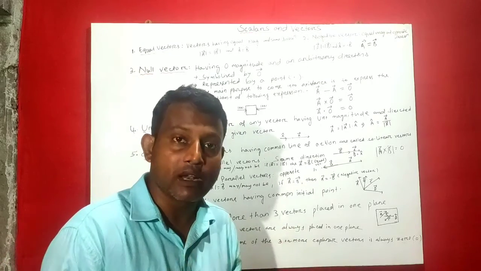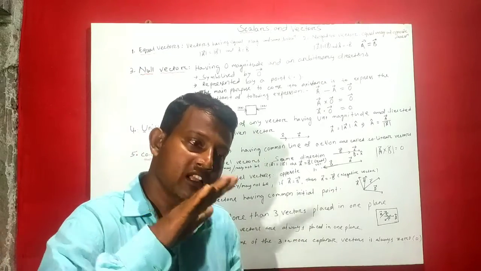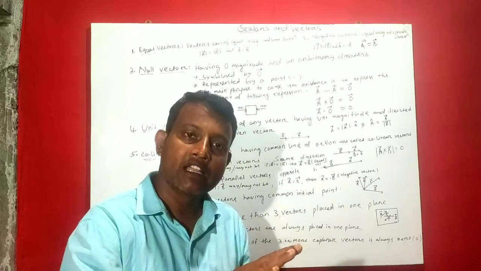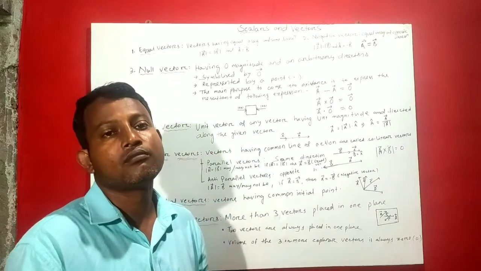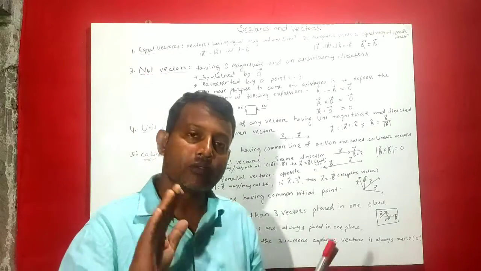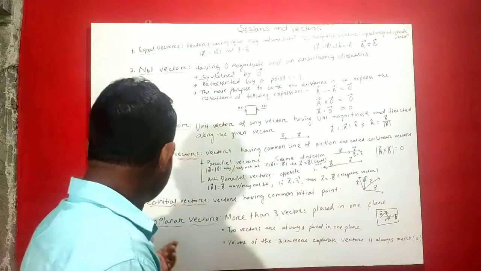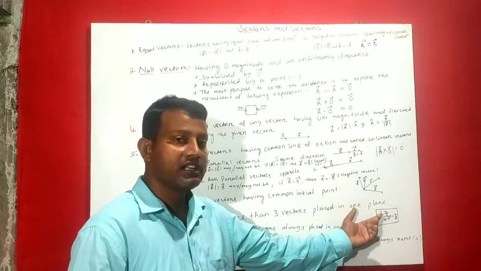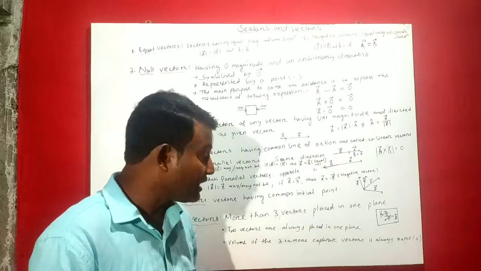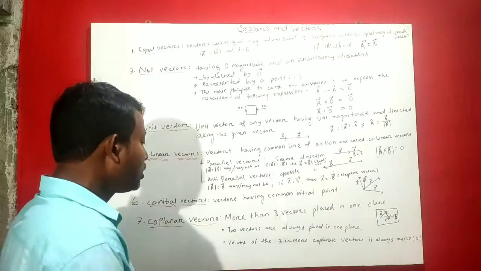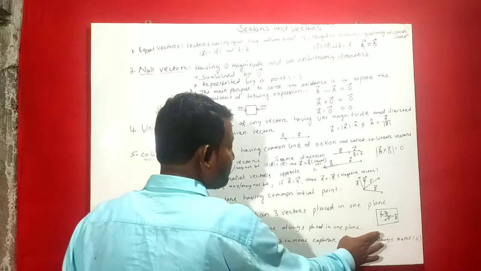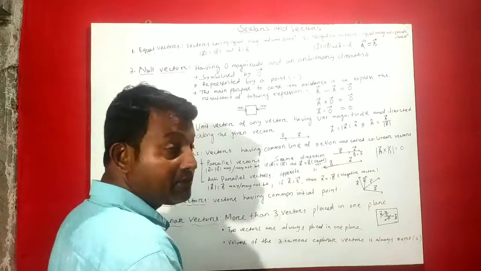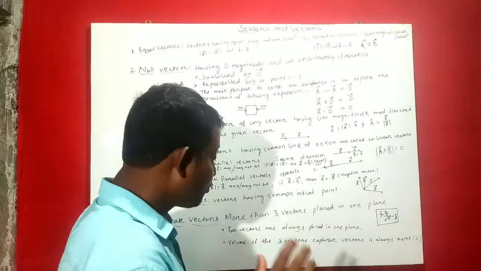If they have a common plane, that means they are placed on the same plane, we call them coplanar vectors. Coplanar vectors are three or more vectors placed in one plane. Two vectors are always placed in one plane, but three vectors may or may not be in one plane.